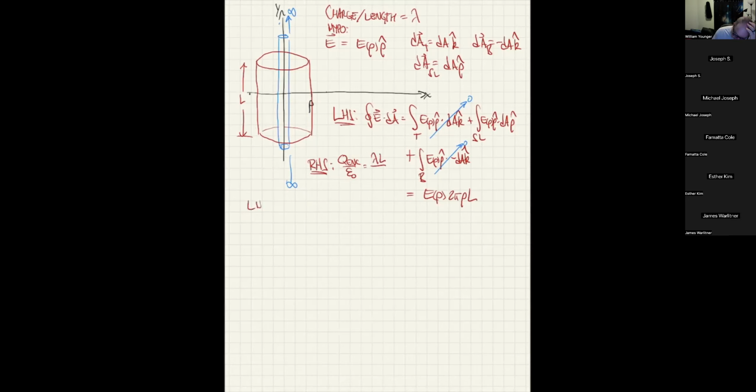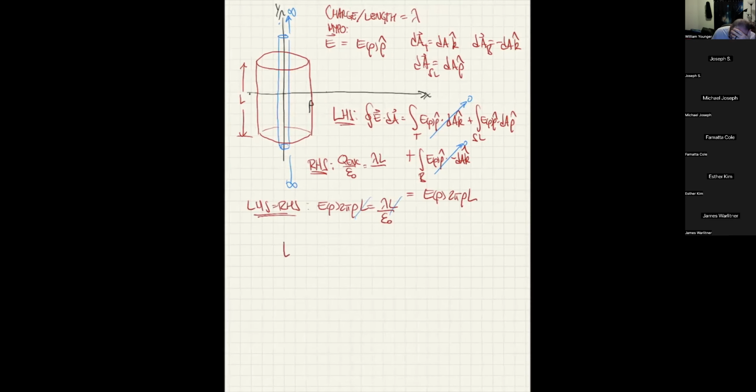So now I set left-hand side equal to right-hand side, and I get E of rho times 2 pi rho L is equal to lambda L over epsilon naught. And lo and behold, we've gotten exactly what we got from that long, awful integral, making use of our hypothesis, of course.